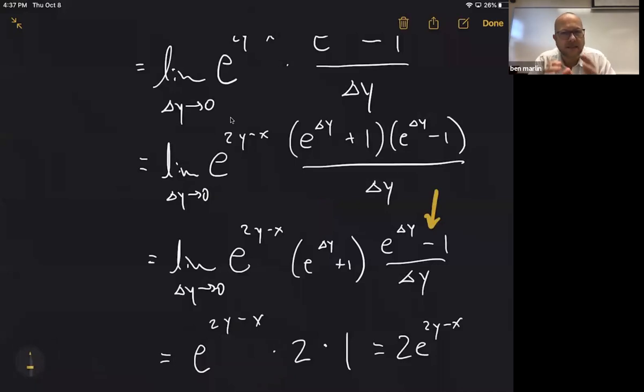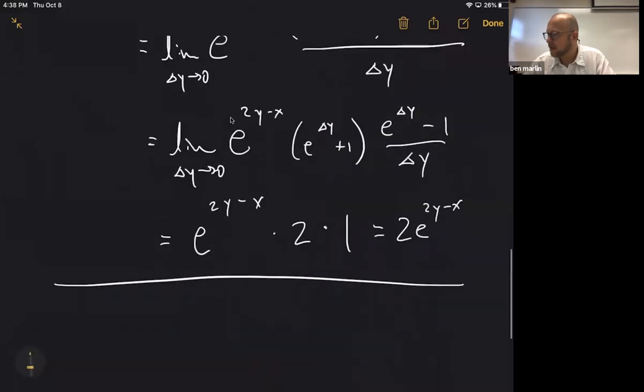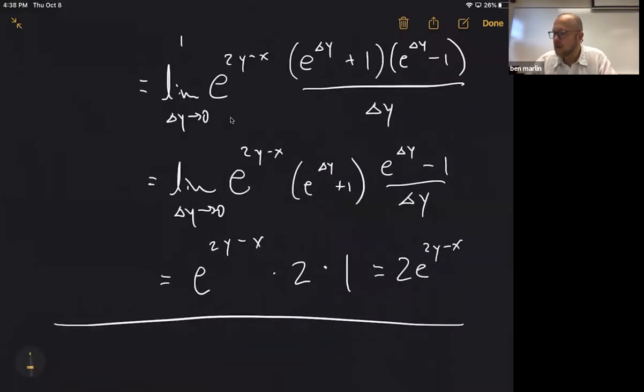It has to be exactly that limit, not kinda sorta. It has to be exactly that limit for it to work out, right? So once you see all that, as delta y goes to 0, that has absolutely no effect on the 2y minus x. But the e to the delta y plus 1 goes to 2, and the special limit goes to 1.